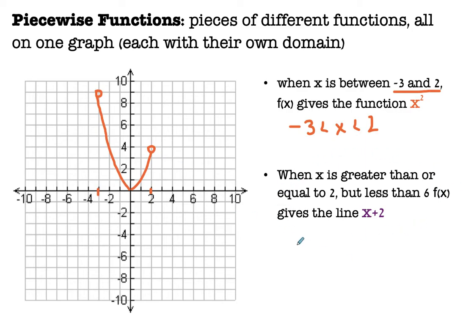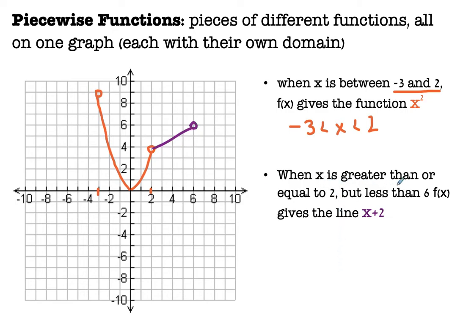Now, the second part of my graph says when x is greater than or equal to 2, so I'm going to start at 2, but it's less than 6, I'm going to have the line x plus 2. So I know that this is a linear function, so it's going to be a straight line, and I'm going to start here, and we're going to end at 6. So it's going to look something like that.